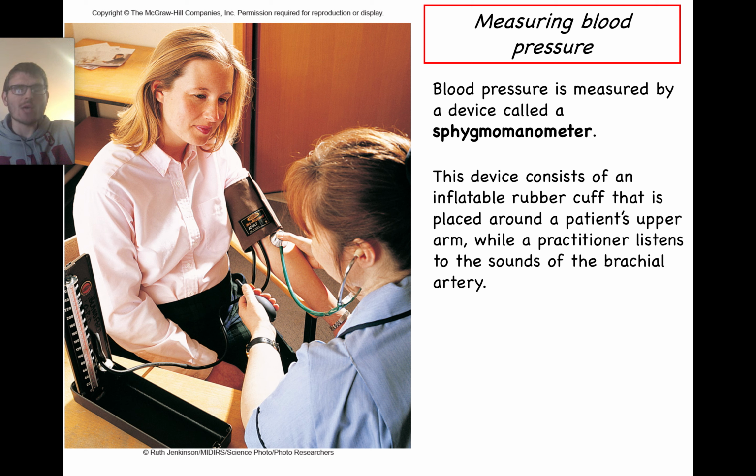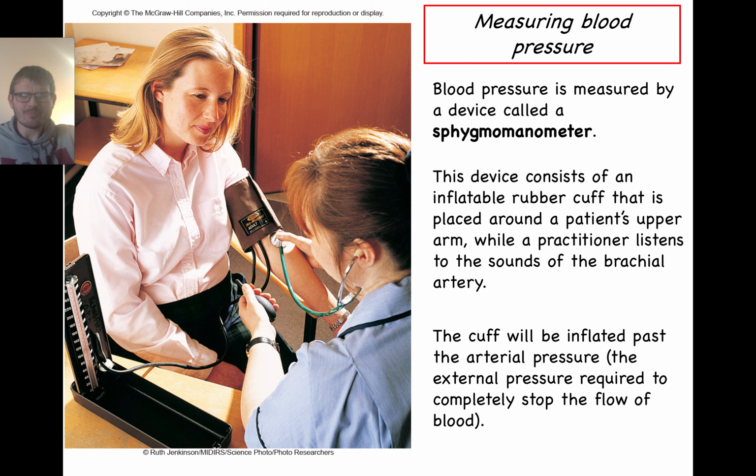The practitioner, whether a nurse or a doctor or someone else, uses a stethoscope to listen to the sound of blood moving through that brachial artery. In practice, the cuff will be inflated to such a great extent that we completely halt the flow of blood through that brachial artery.